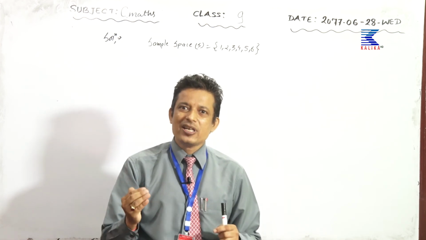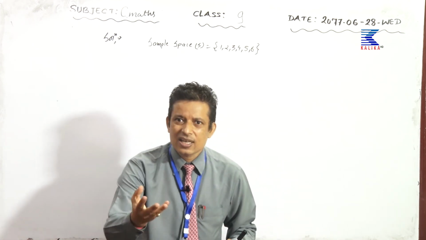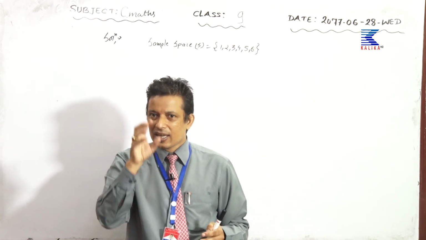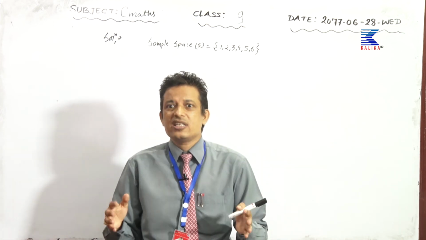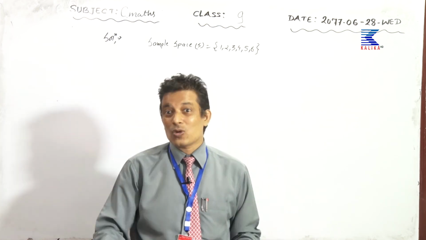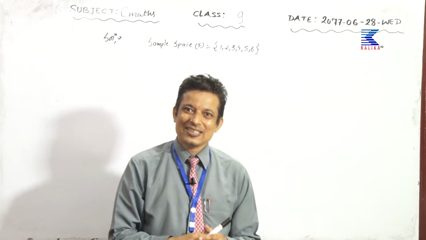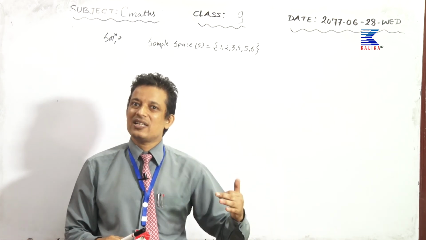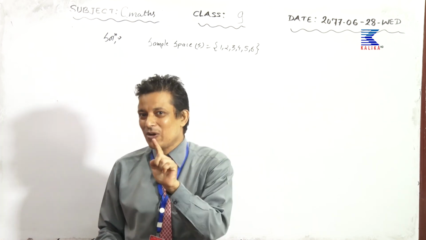For an impossible event, like when you roll a dice, can you get 7 there? No, it is impossible. Is there any chance? No, not at all. So what will be the probability? 0. So remember that the probability of a sure event is 1, and the probability of an impossible event is 0.